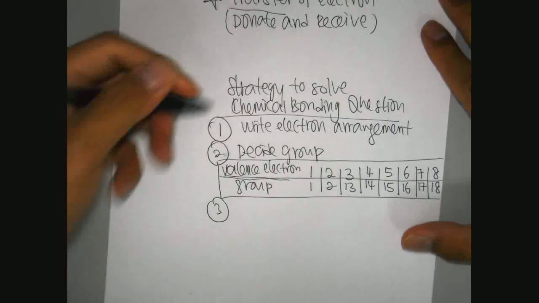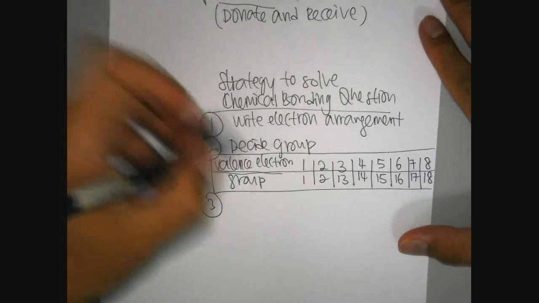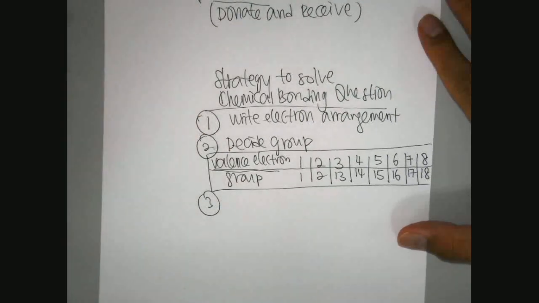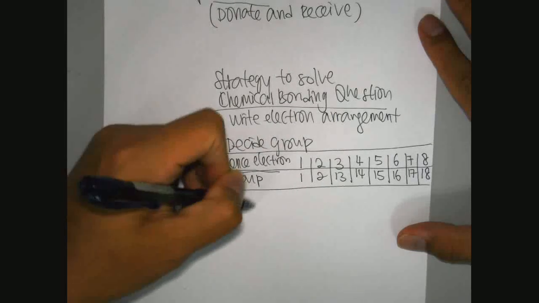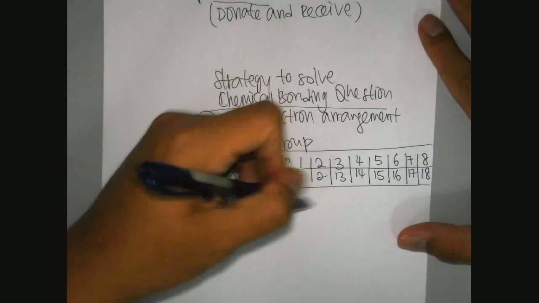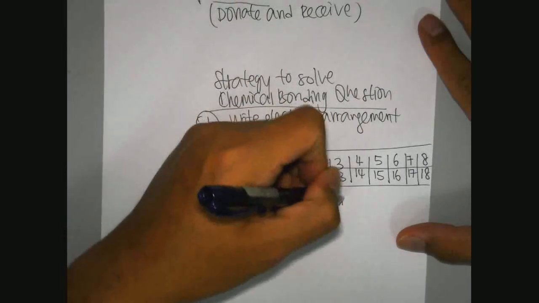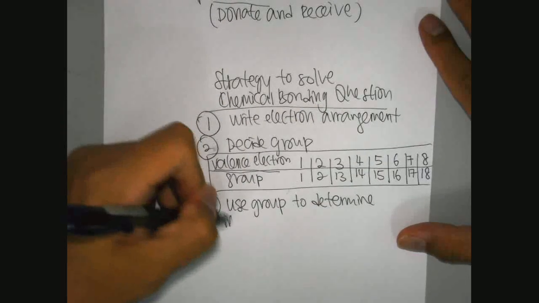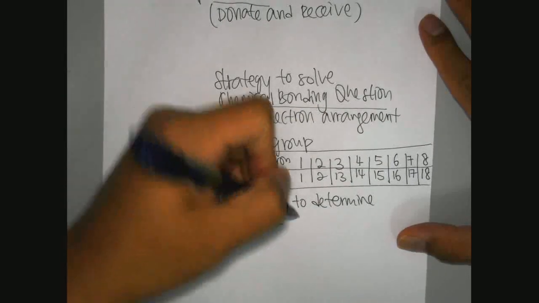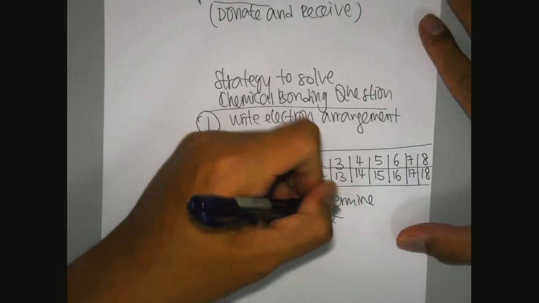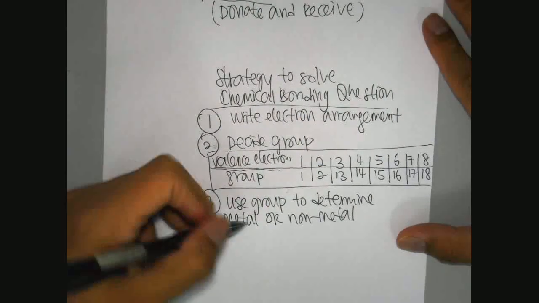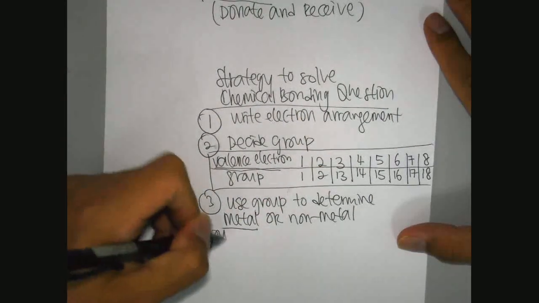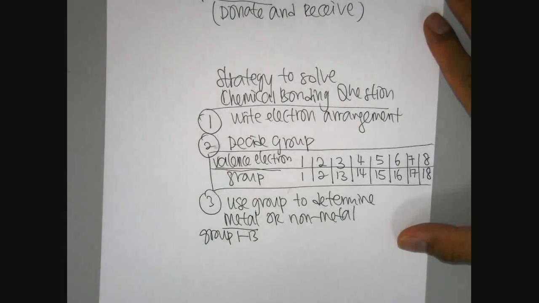So why do we need to know the groups? Because we can use the group to determine whether the substance is metal or non-metal. Do remember, metals belong to group 1 all the way to 13.